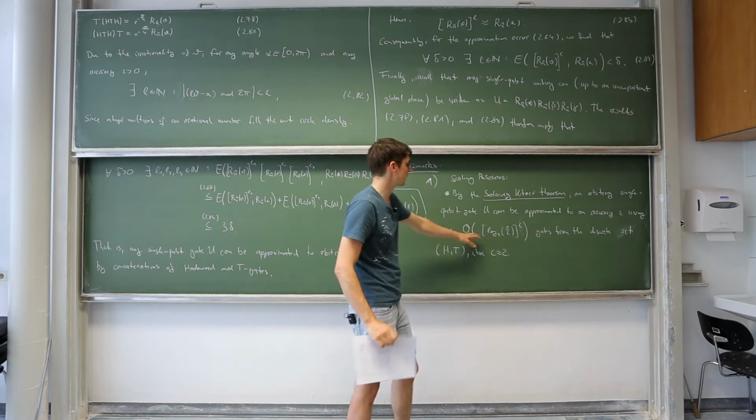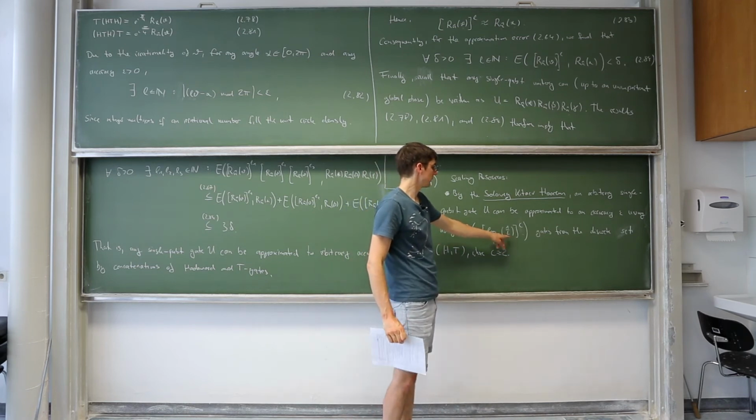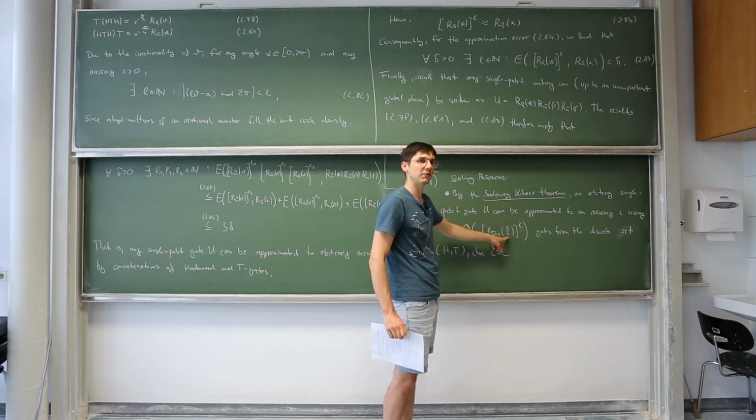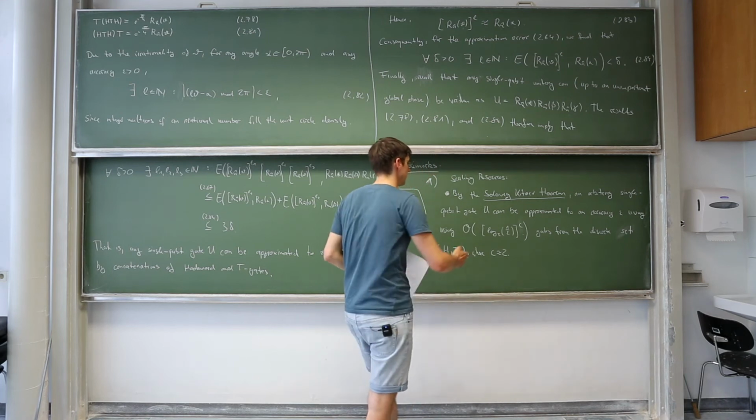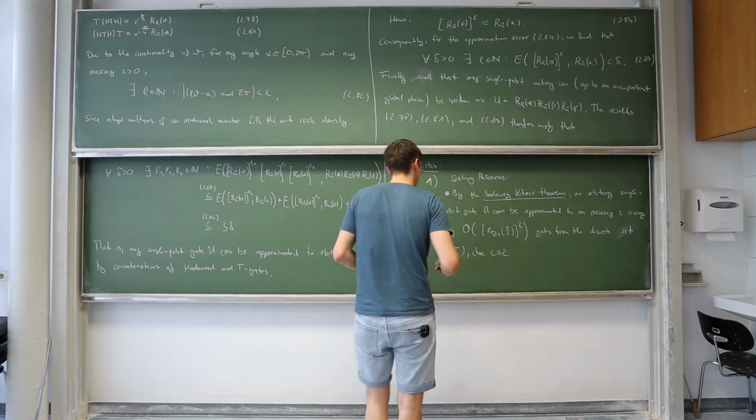Okay, so it tells us the better the accuracy we want to have, meaning the smaller epsilon, the more H and T gates we need. That's what it tells us, and the scaling is pretty okay.